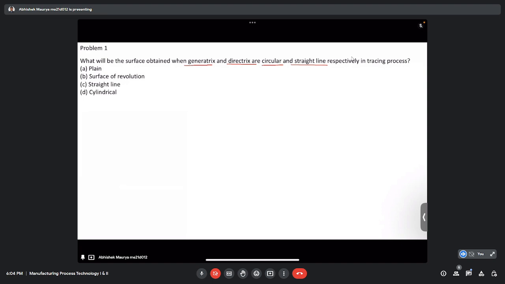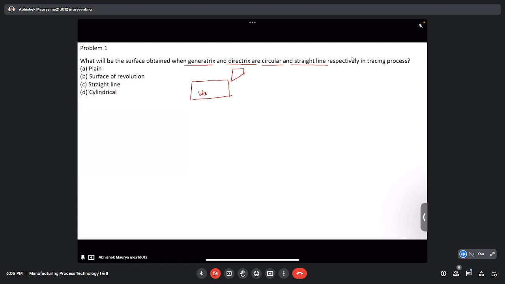In the tracing process? Before that, let us first understand some basics of the machining process. We know in the machining process our main objective is to remove the unwanted material from the workpiece. So we have a workpiece like this and we want to remove some material from it using a tool.